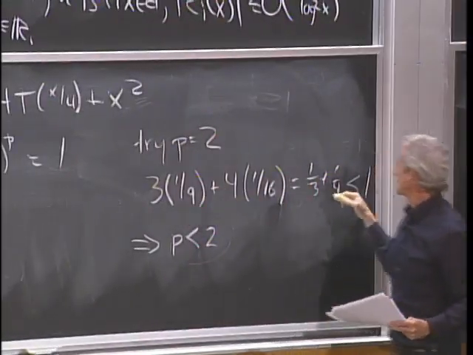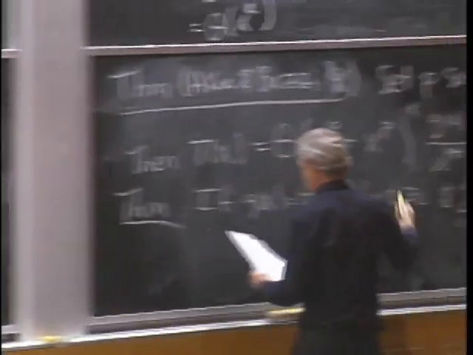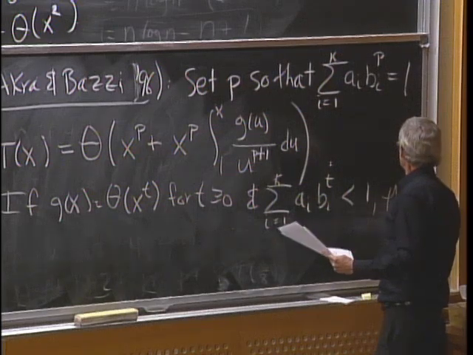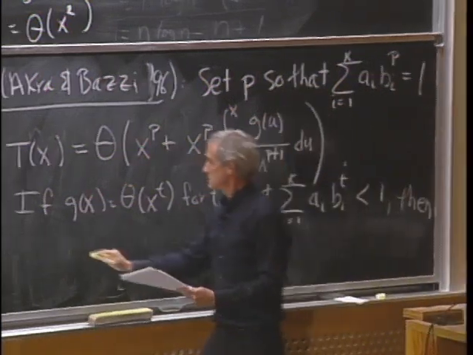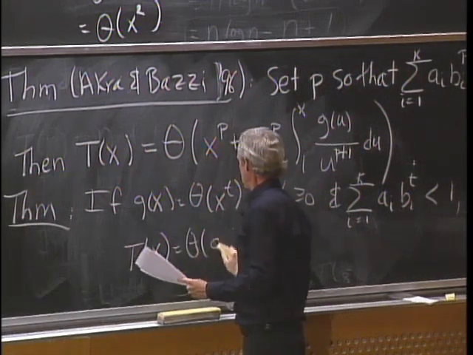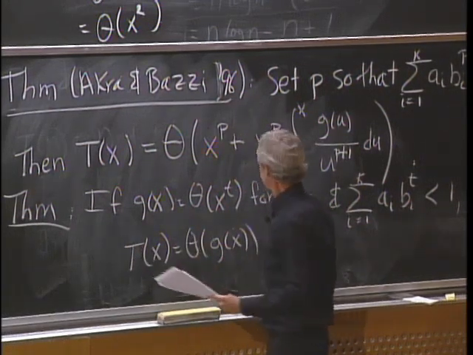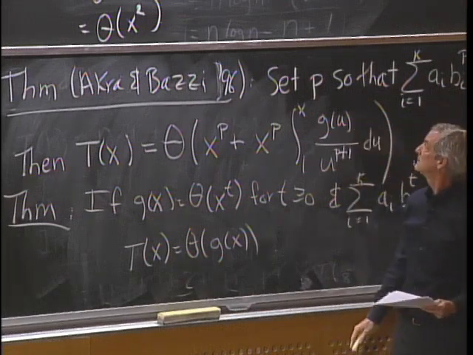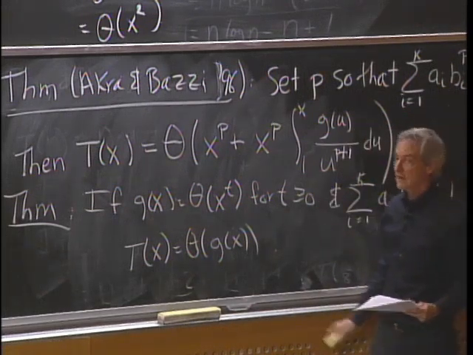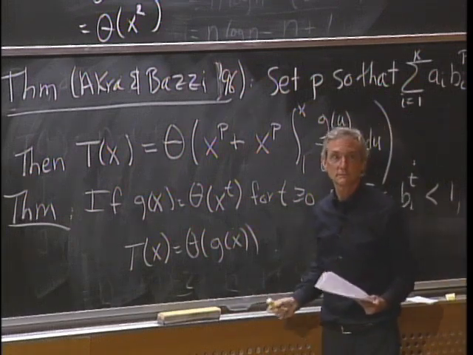And I computed it, and it was less than 1. All right, but if that happens in general, then the answer is theta g of x. Plain and simple. It just turns out to be the g of x term up to constant factors.